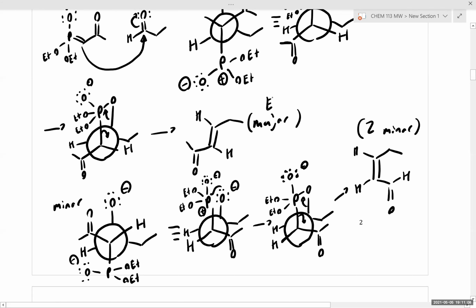Does this mechanism make sense to everyone? Any questions on this problem?